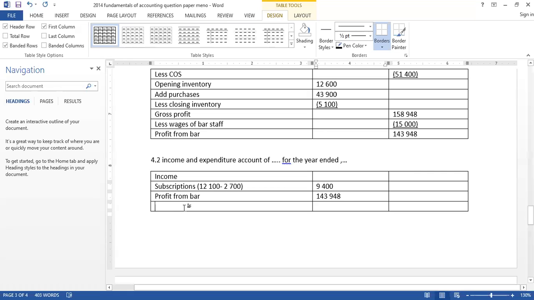And then from here, what other income do we have? Maybe profit from raffles. Yes, profit from raffles.